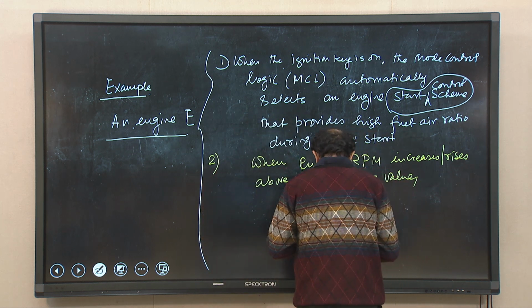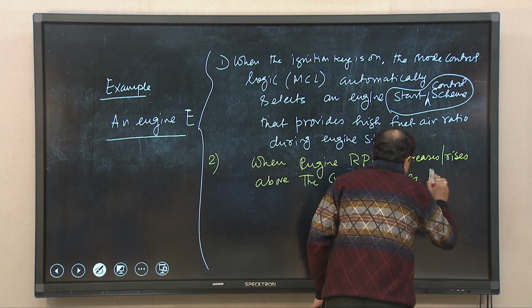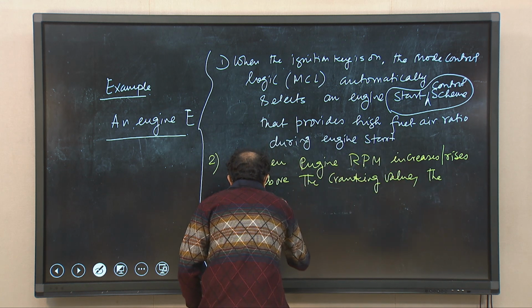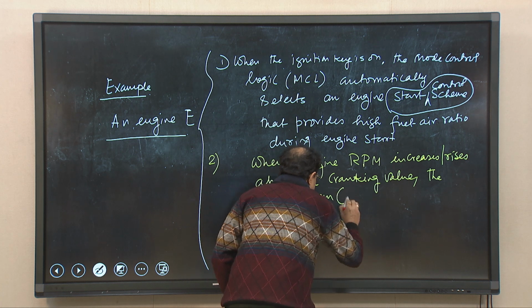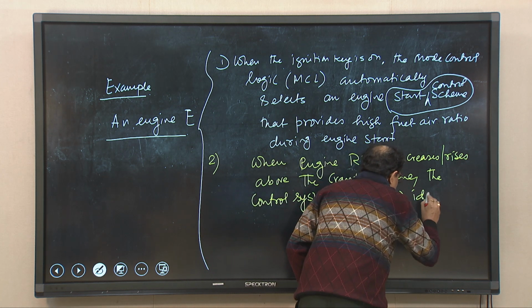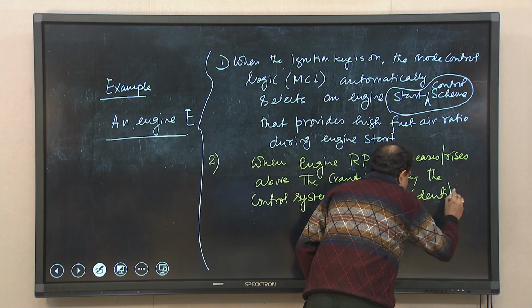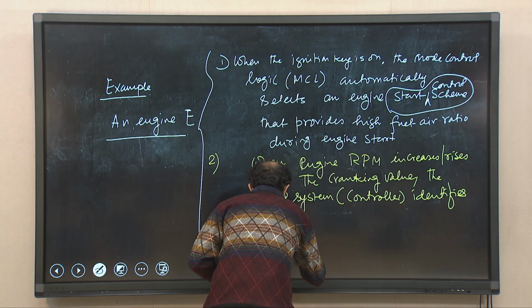Then what will happen, then the controller, the control system, essentially we can write controller identifies engine started.